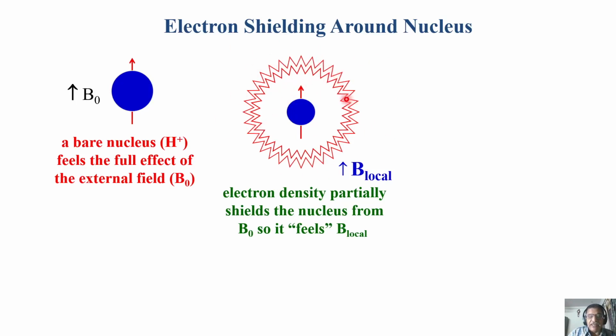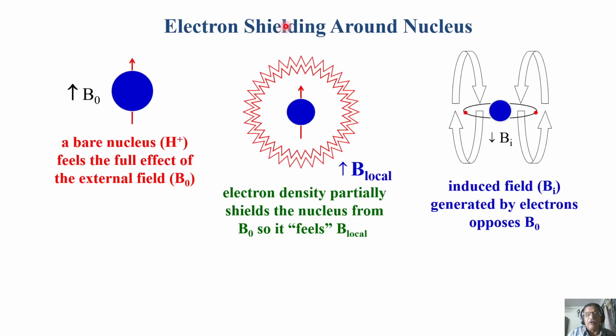This electron density partially shields the nucleus. So in addition to B naught, the nuclear spins also see some local field. This induced field is generated by these electrons, and the induced field always opposes the main magnetic field B naught.